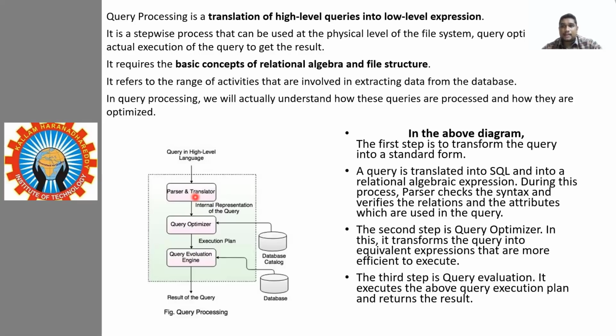Syntax is a language which has some rules. For example, in C language, every statement should end with a semicolon. This is a rule. If you do not give a semicolon in a statement, it automatically gives an error because the syntax is not accepted.